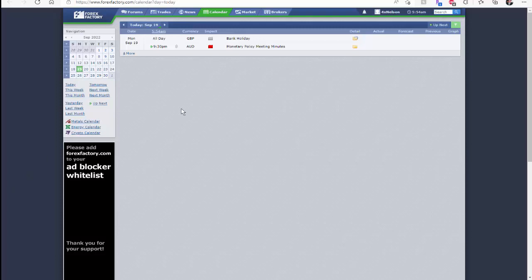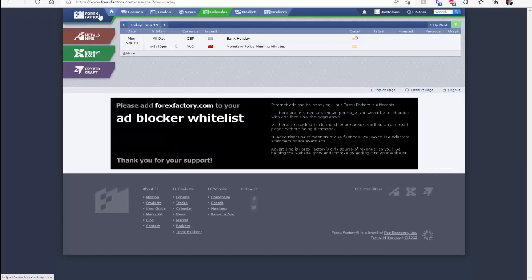And as I mentioned earlier, within the daily trade plan and in many videos, it's very important that you keep an eye on the high impact news within the Forex Factory here.